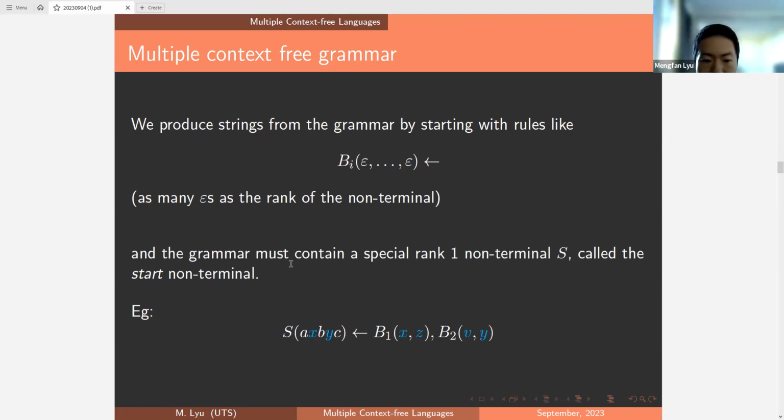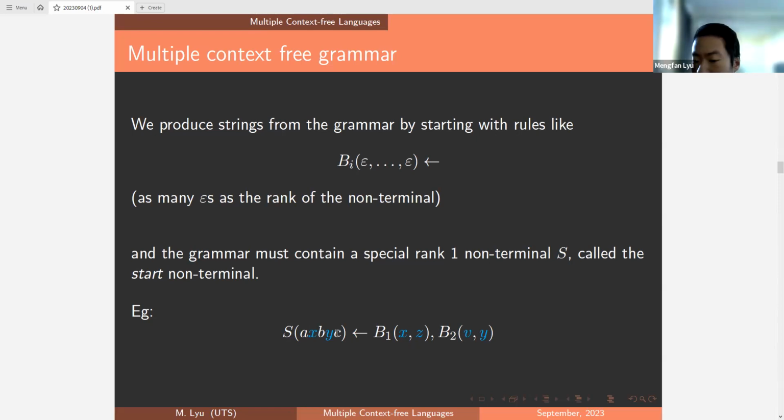Let me give you an example to show what they are like. Say the non-terminal B1 uses two variables, x and z, and the non-terminal B2 uses two variables, v and y. Then we can define a rule which is noted as S. S only needs one variable.